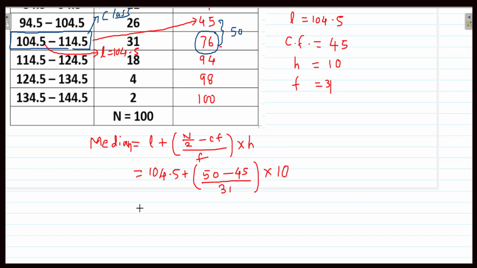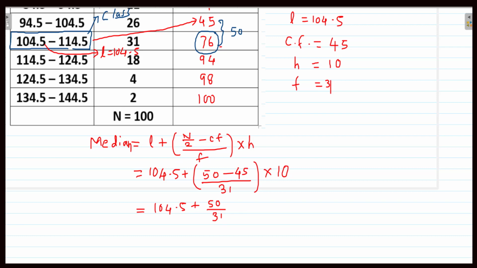So this can be solved further, that is 104.5 plus 50 minus 45, that will be 5, and 5 into 10 will be 50, so it will be 50 upon 31.